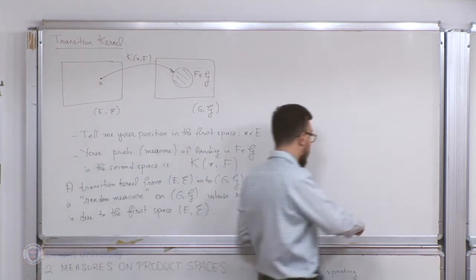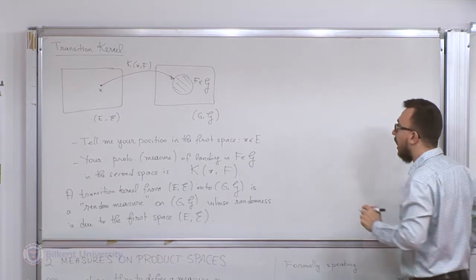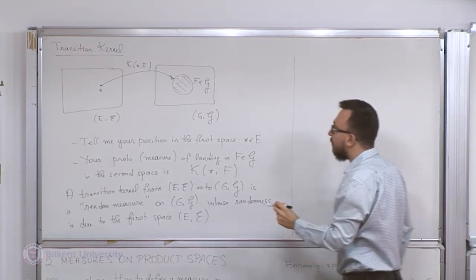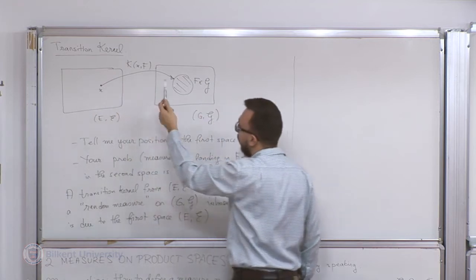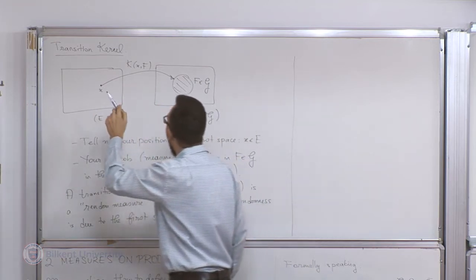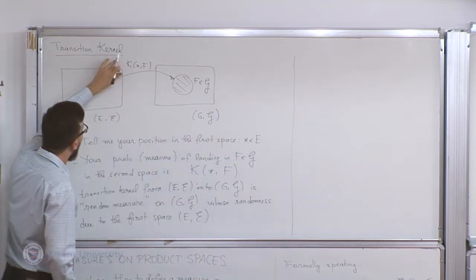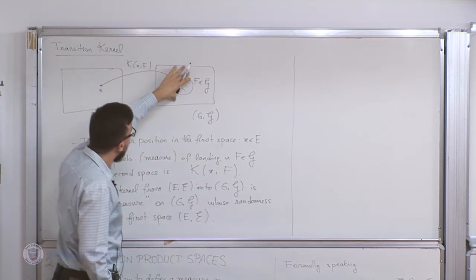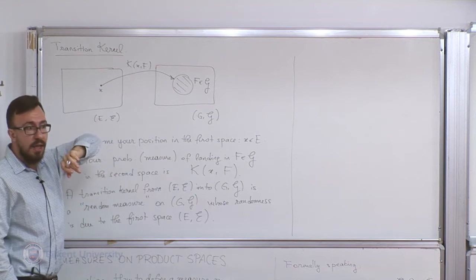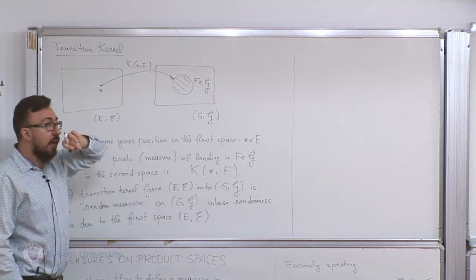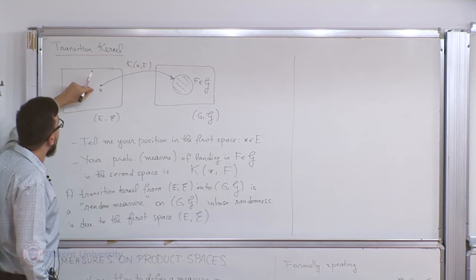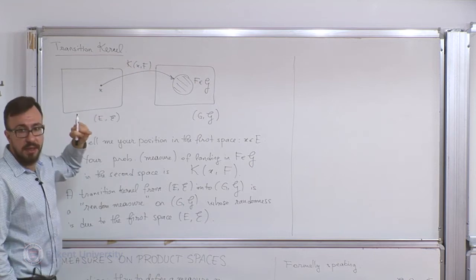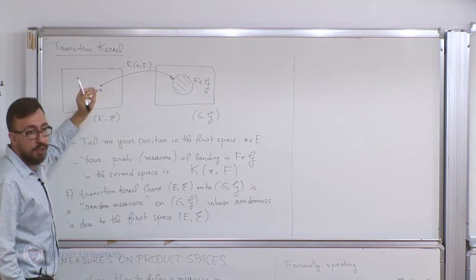Of course, this is not a mathematical definition, but it explains what is happening in this picture. So this object K can tell you the probability of landing in the set F if it knows your position in the first space.